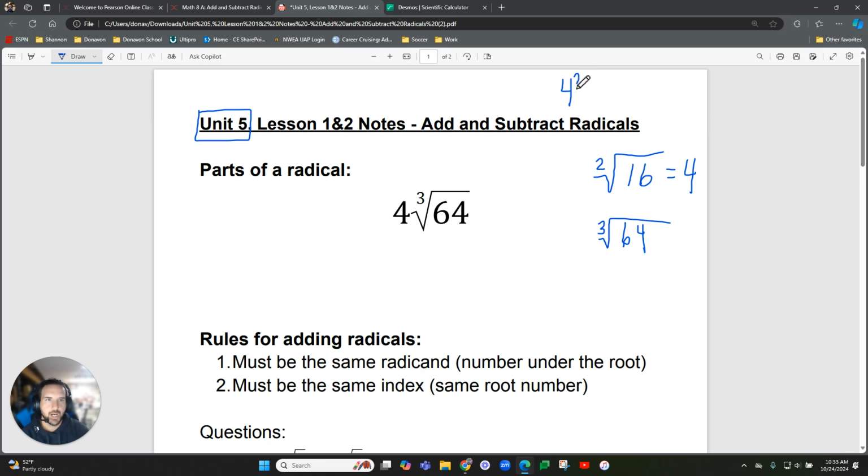So 4 squared is 16, right? But the square root of 16 is 4. They undo each other. A square root and a square, or an exponent of 2, are literally the opposites of each other. In this case, we're asking what number, when multiplied by itself 3 times, gives us 64? Well, that would be 4 as well, because 4 times 4 times 4 is 64.